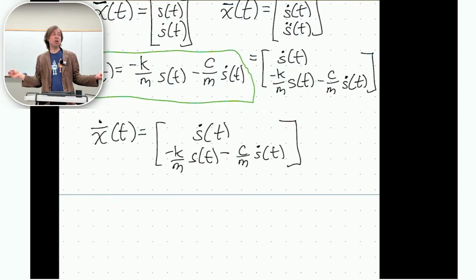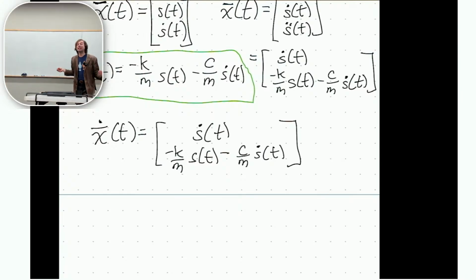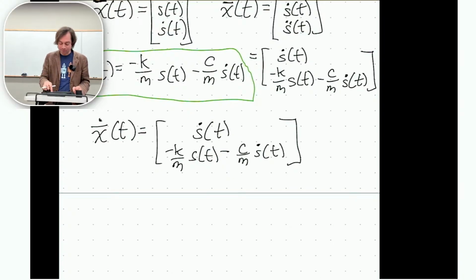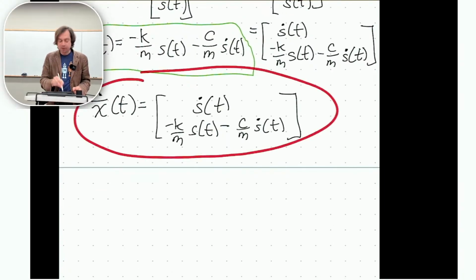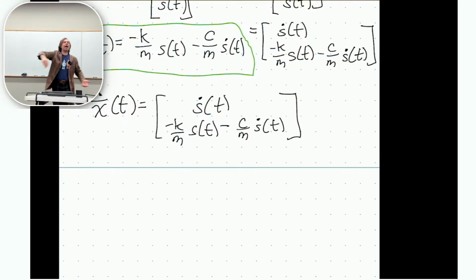Rhymes with Schminier? Linear. Oh, yeah, it's linear, right? So it is a linear system. We'll talk about this more formally in a moment, slightly more formally, okay? But this is what we call a linear system. We're not taking the sine of our angle to get the pendulum angle, right? That's nonlinear, okay? We're just taking states, multiplying them by a constant, k over m, c over m, then adding them together. So it's going to be a linear system.